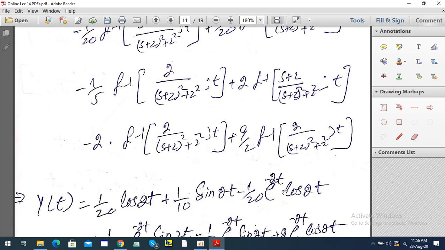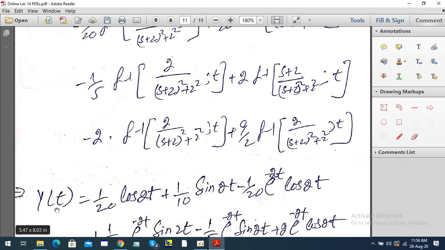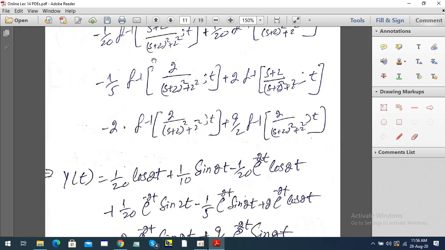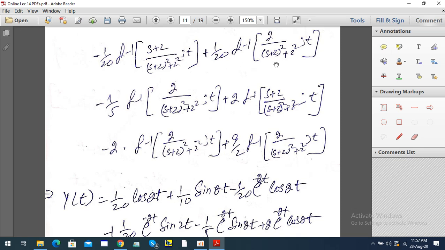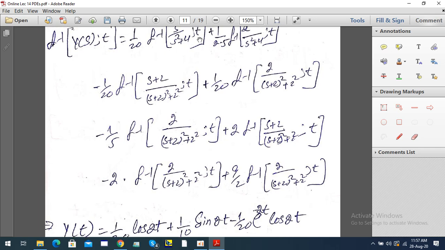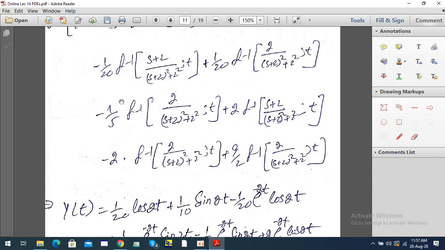So you can see the Laplace inverse of the left hand side is y(t), and now the Laplace inverse of s by s square plus 4 is cos 2t, plus 1 by 2 into 5, which is 10, 2 by s square plus 4 is sin 2t, minus 1 by 20 Laplace inverse.